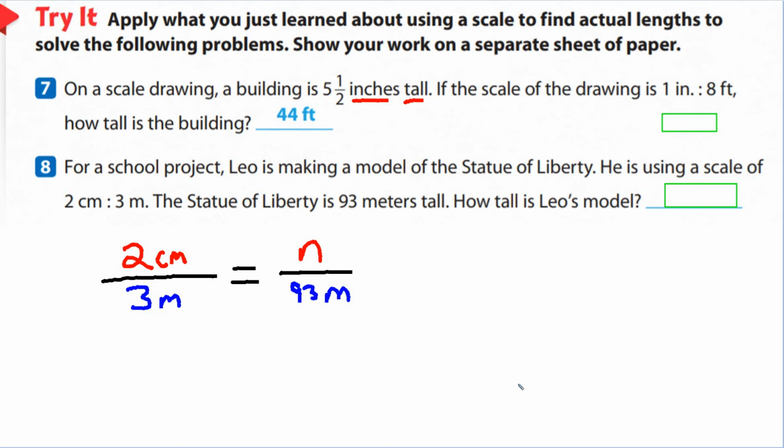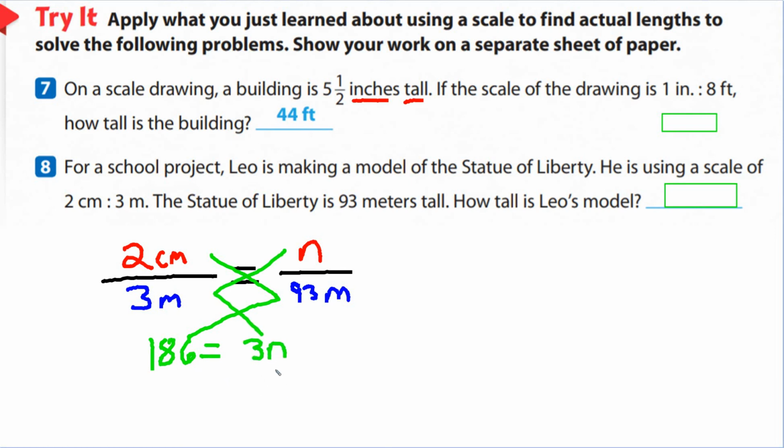Again, solving proportions, cross multiply. You learned that in the previous lessons. And now let's do this out. 2 times 93 will give me 186. N times 3 will give me 3n.